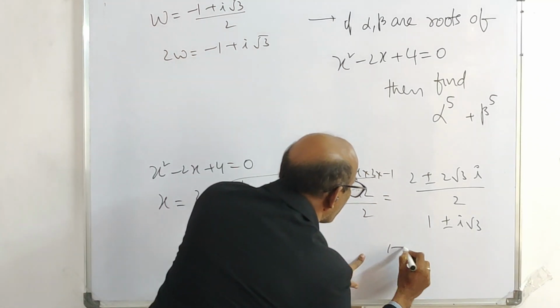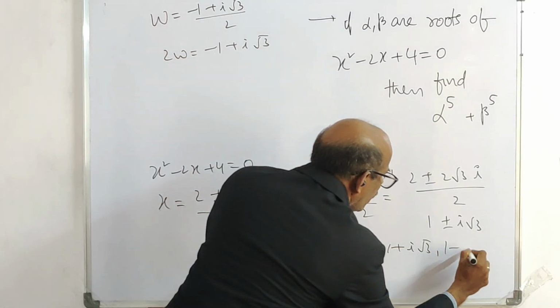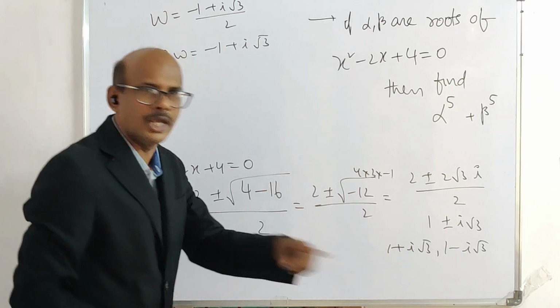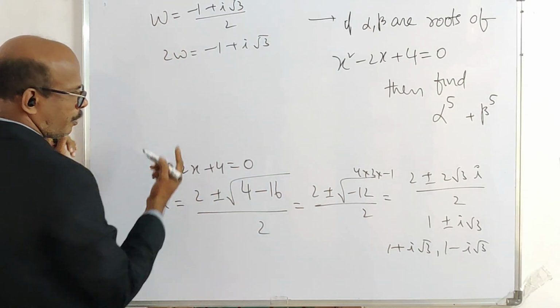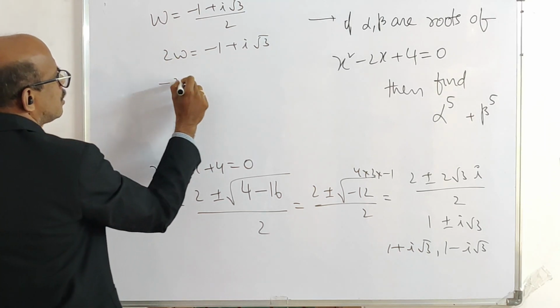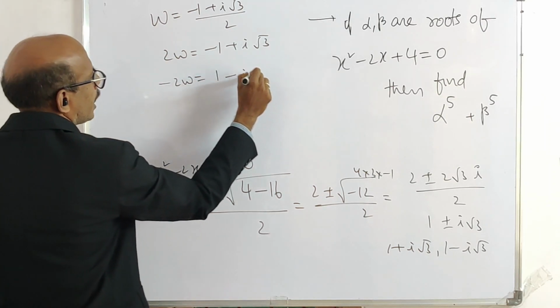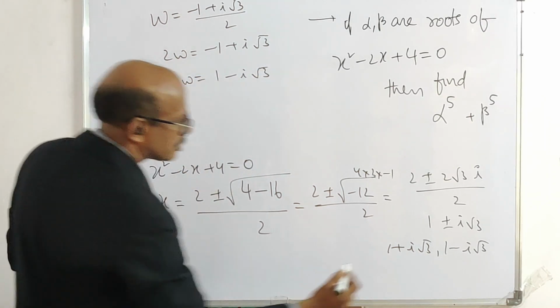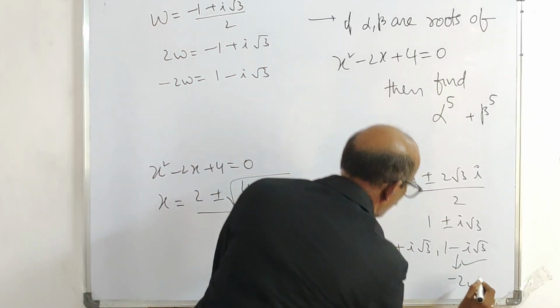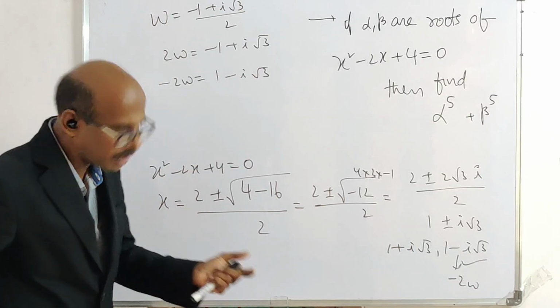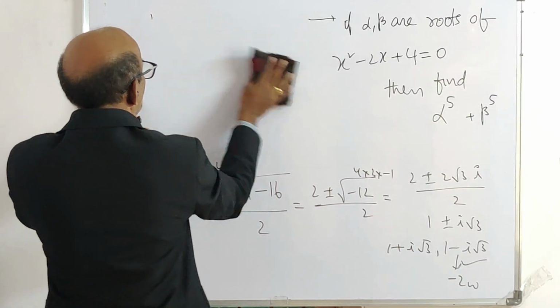So here I receive positive possibility and negative possibility. You catch my point. 1 plus i root 3, 1 minus i root 3. Suppose if I multiply with minus both sides, it will be like this. Concentrate. So this is one of the roots. No doubt it will be minus 2 omega. Proof of the standard result given.